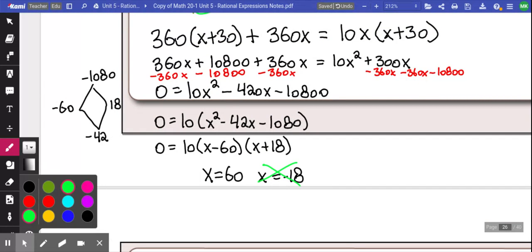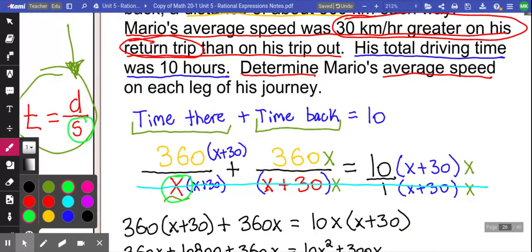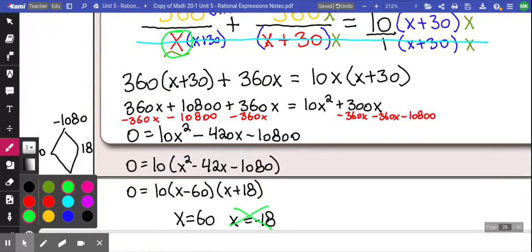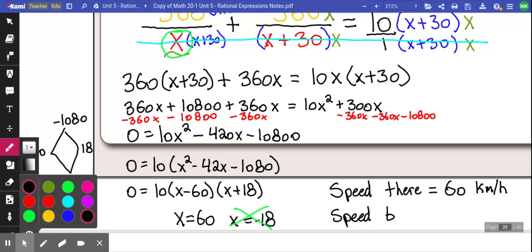So my answer, the question said, determine Mario's average speed on each leg of his journey. X represented his speed there. So his speed there equals 60 kilometers an hour. His speed back, if you remember from the question, was 30 kilometers faster.